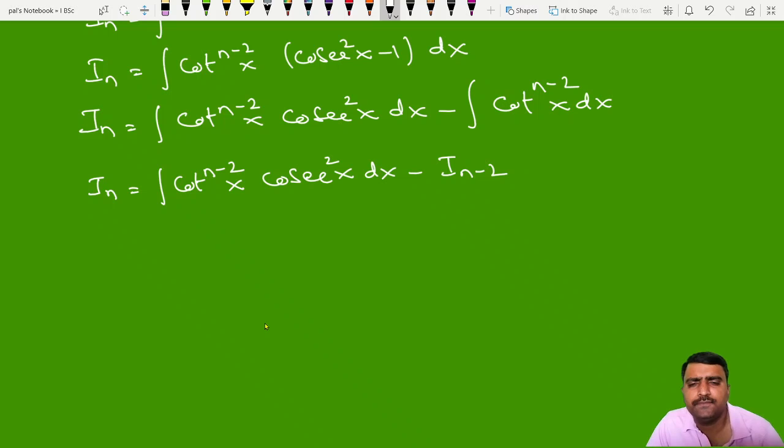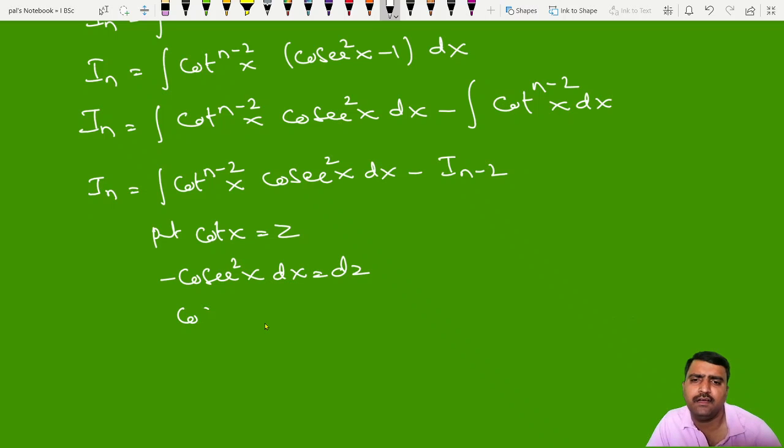Again, to find the integration of the first term, put cot x is equal to z. So then what is its differentiation? Minus cosecant square x dx is equal to dz, or cosecant square x dx is equal to minus dz.